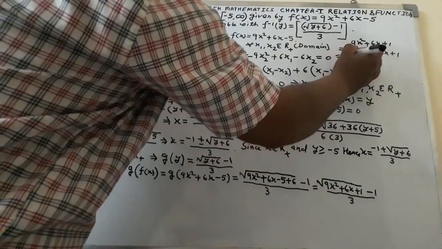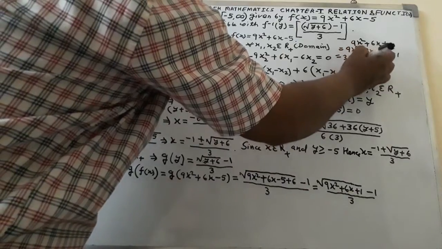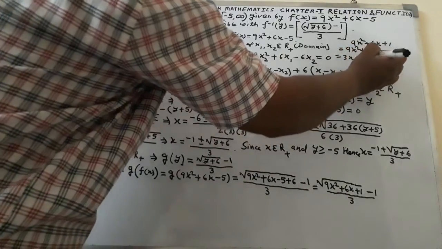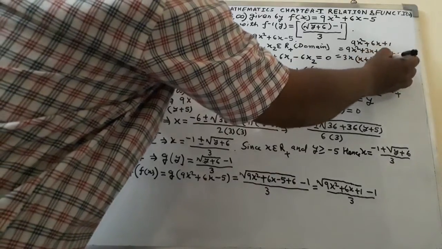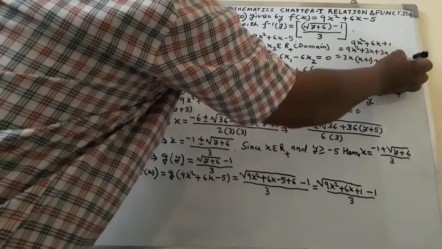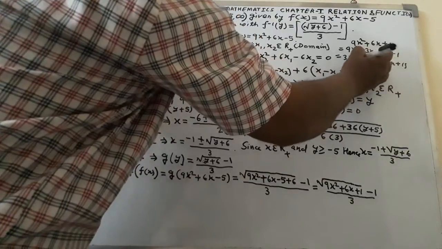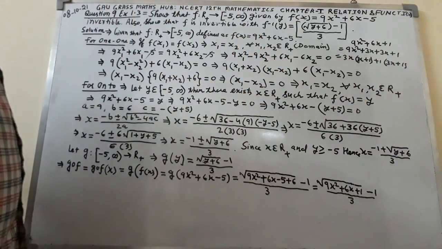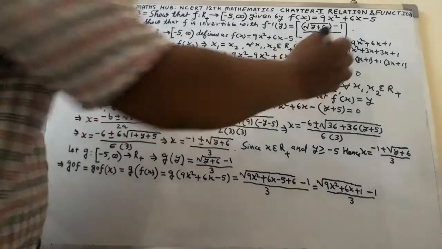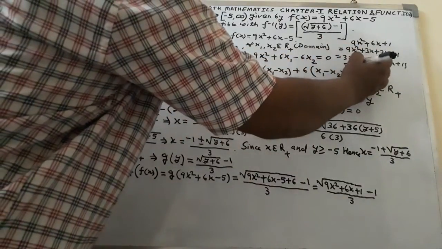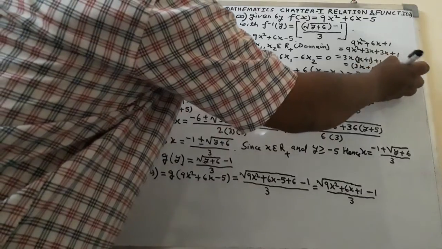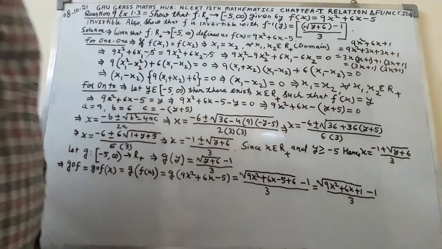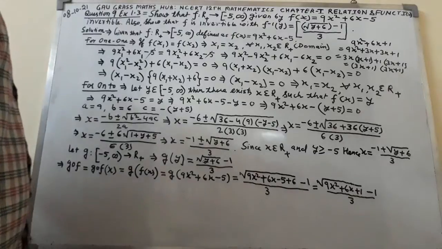We will get here 3x times (3x plus 1) plus 1 times (3x plus 1), so 3x plus 1, another bracket 3x plus 1. We have got 3x plus 1 whole square.